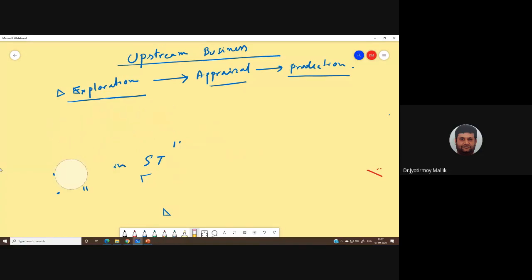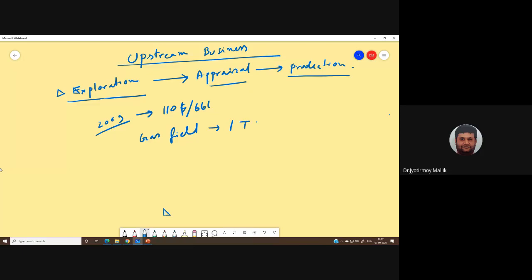Okay, so now this particular economics should be interesting. I can give you an example, and it also depends on time. Suppose I am talking about, say, 2009, when the price of oil was $110 per barrel. Say for example you have discovered one gas field which is of 1 TCF.